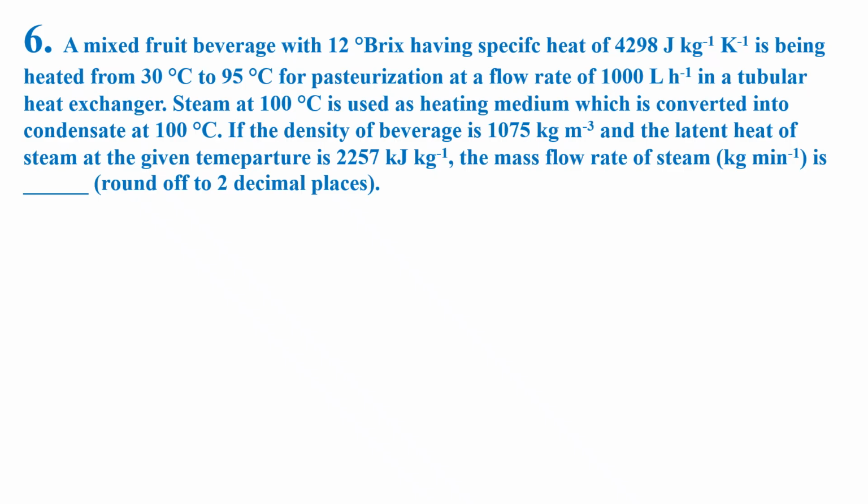Now if the density of the beverage is 1075 kg per meter cube and the latent heat of steam at the given temperature is 2257 kilojoule per kg, the mass flow rate of the steam will be how much, and we have to round it off to 2 decimal places.